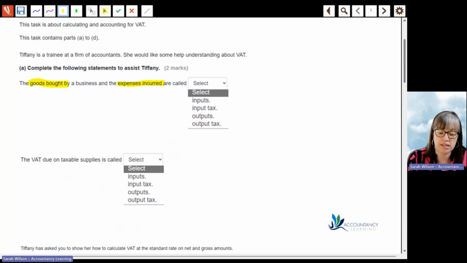All it's talking about is the goods that have been bought and therefore the expenses incurred and what they're known as. So because the goods are being bought into the business, they're known as our inputs. So anything coming into the business is an input, anything we sell out to customers is an output. So the answer to that question will be input.